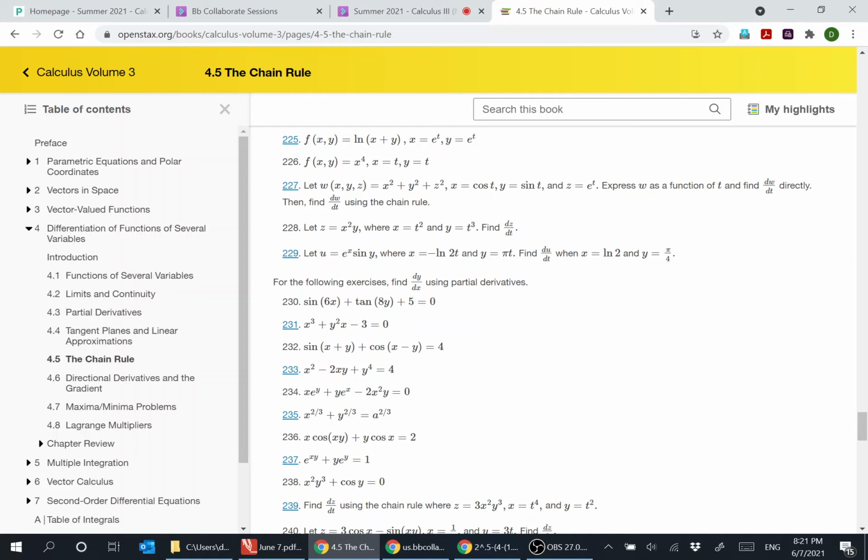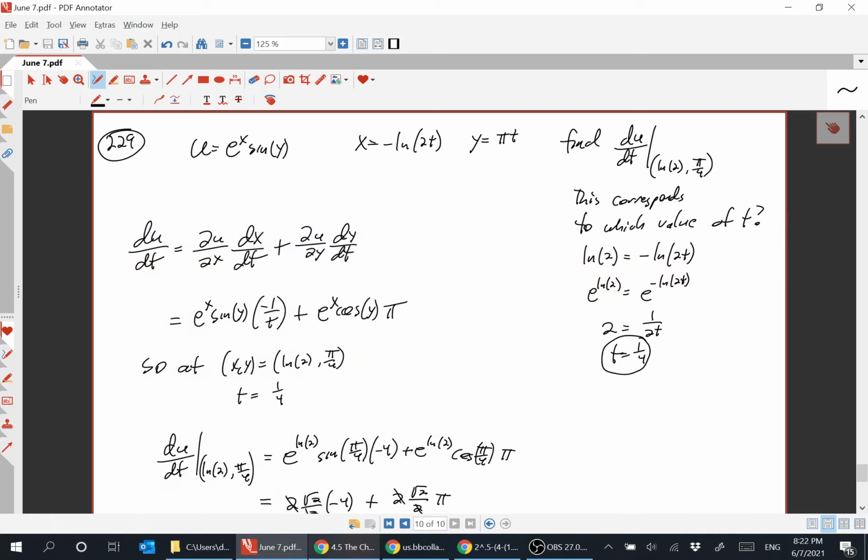So, for the following exercises, find dy dx using partial derivatives. Okay, so in 232, we have sine x plus y plus cosine x minus y equals 4.